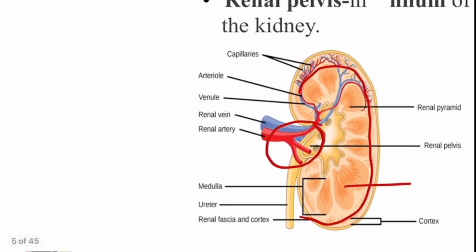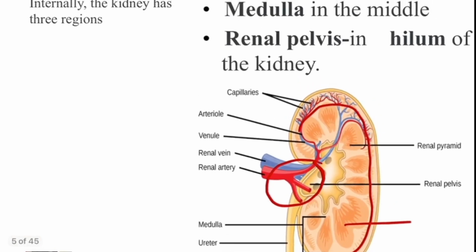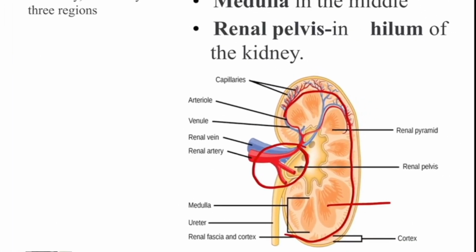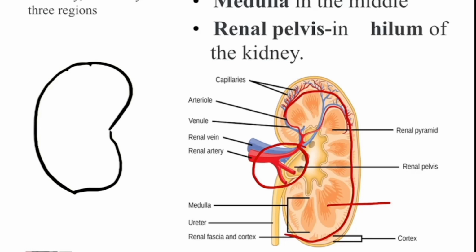So now we go to the internal structure of kidney. Again take a bit of paper and draw the picture. Kidney has got 3 parts. The outer part is called the cortex. Inner part is called medulla.